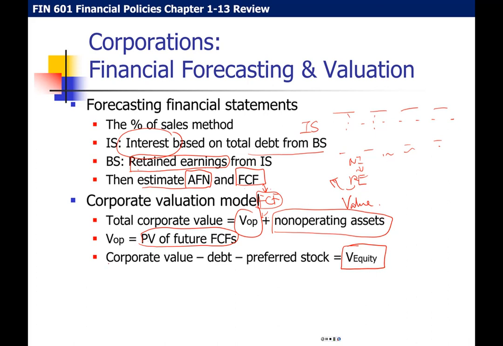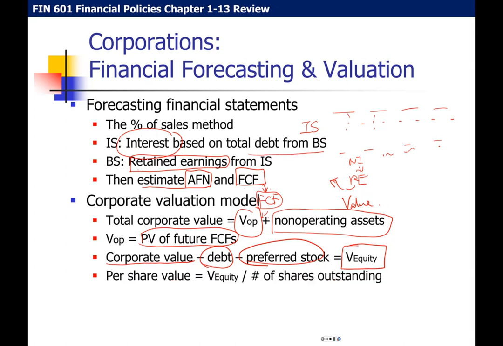You can use corporate value, subtract preferred stock, and all that's left is the value of equity. So how do you get it per share? Divide by the number of shares outstanding. And this gives you a benchmark for the stock value in your hand. Okay.